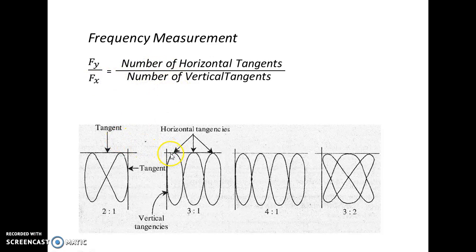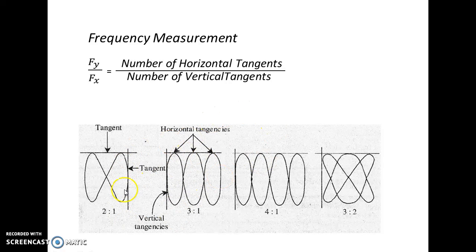As you can see here, this is the Lissajous pattern obtained. To this, we draw a horizontal line, and the number of points the figure touches the horizontal line is the number of horizontal tangencies. And we draw a vertical line, and the number of times the figure touches the vertical tangents gives you the vertical tangencies.